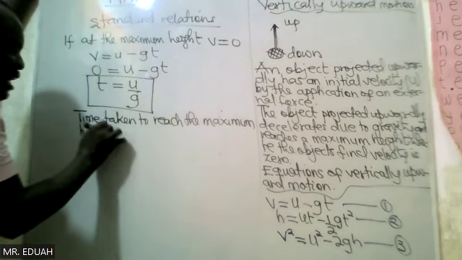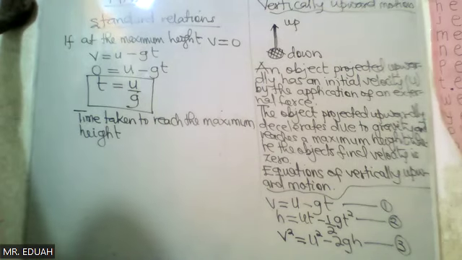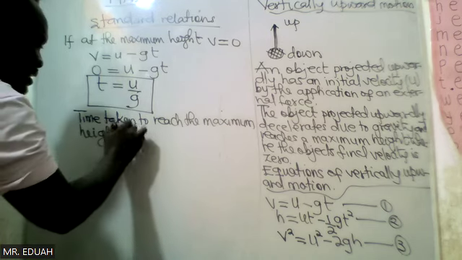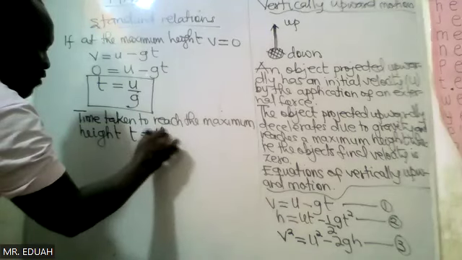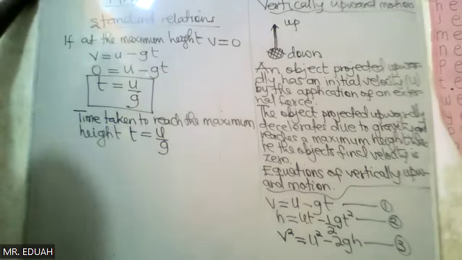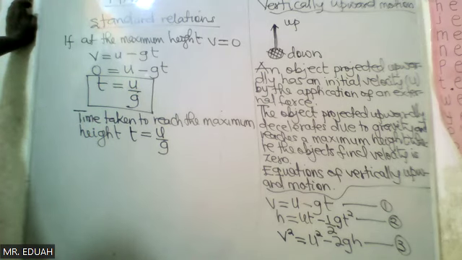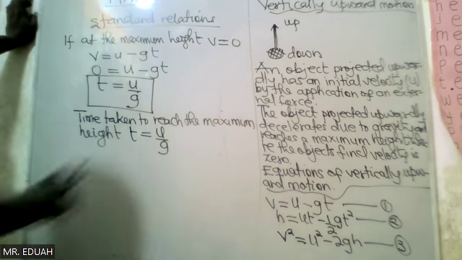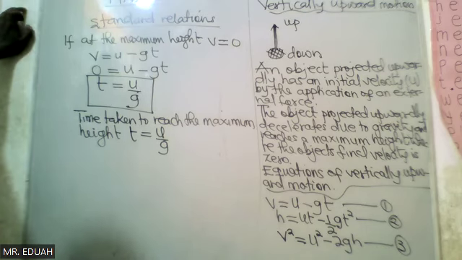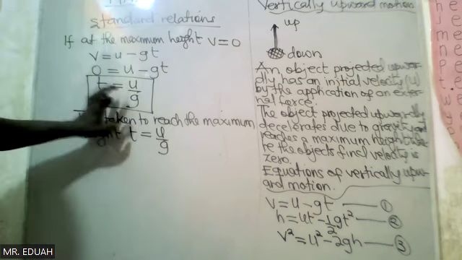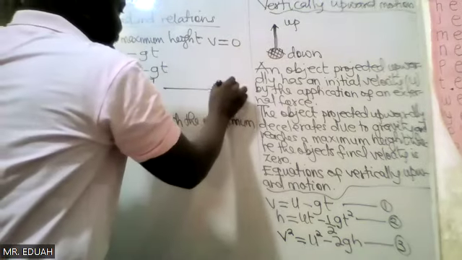So if you are asked to calculate the time taken to reach the maximum height, it is simply t is equal to u over g, where u is the initial velocity or velocity of projection divided by the constant acceleration due to gravity. So that is one standard formula.